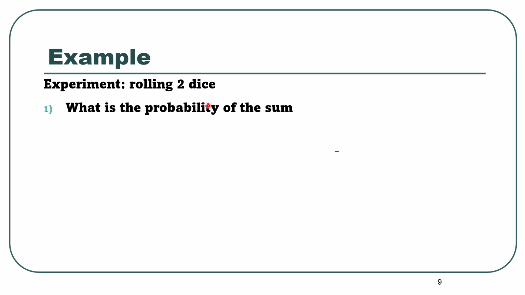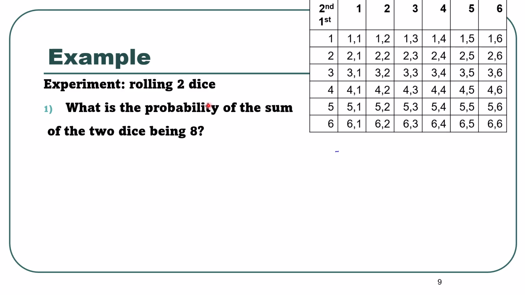So let's consider this new example, rolling 2 dice, and we want to know the probability that the sum of my 2 dice is 8. We have the sample space, with 36 outcomes for this specific experiment.